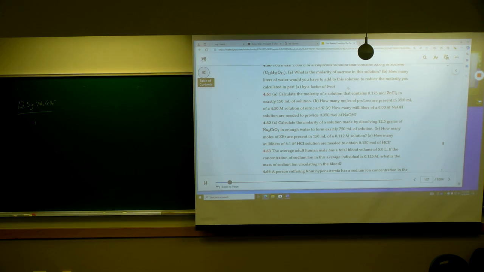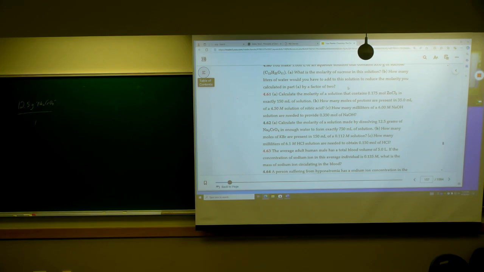Grams per mole for chromium? 52. I don't have all these memorized. Where's chromium? Oh, yeah, 52.00.